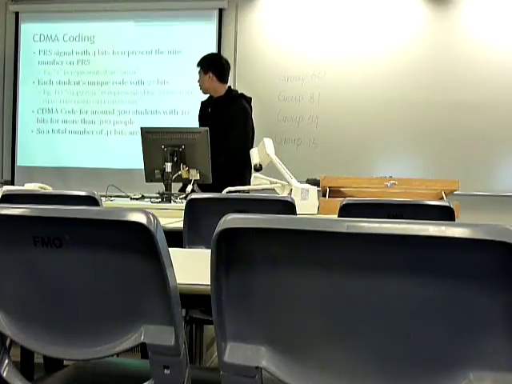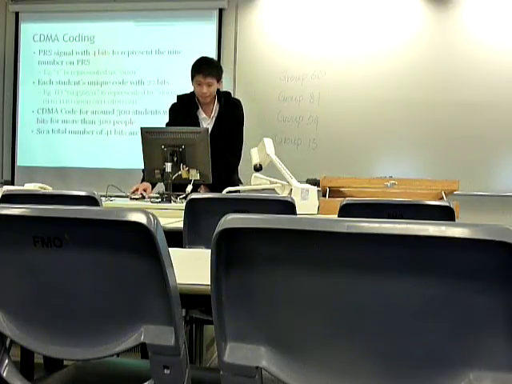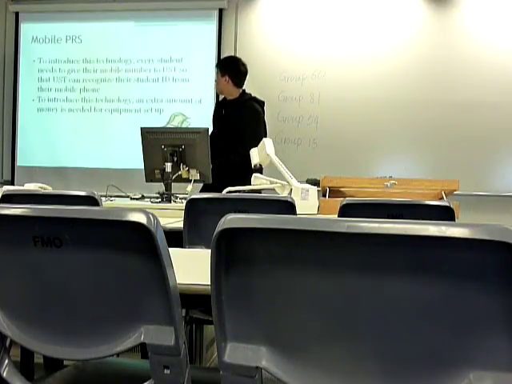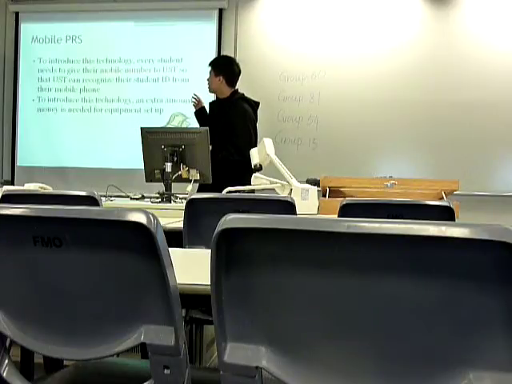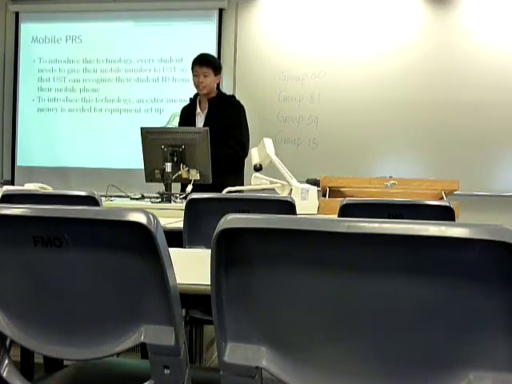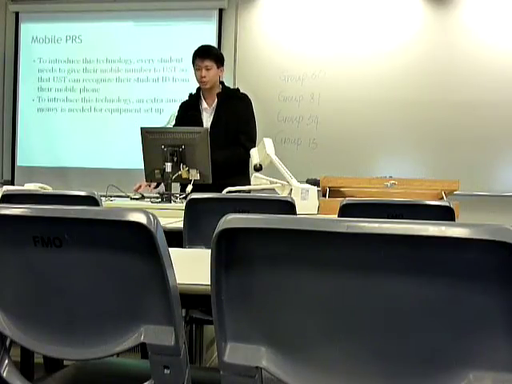So there is a total of 41 bits only. And to use this mobile phone with PRS, we have to give every student a unique signal with their mobile phone number, and we have to set up some equipment, just like a sensor, to identify the signal in some lecture theater or classroom.